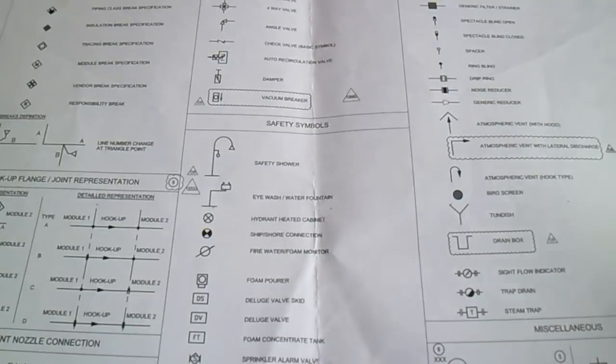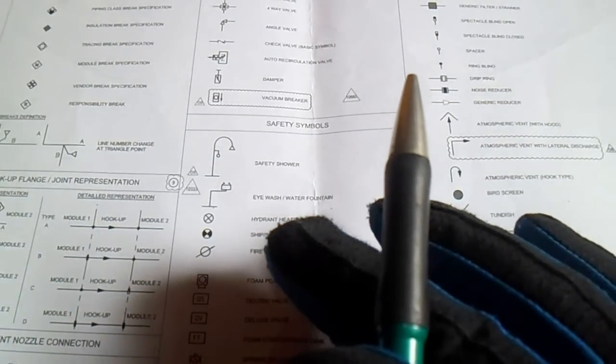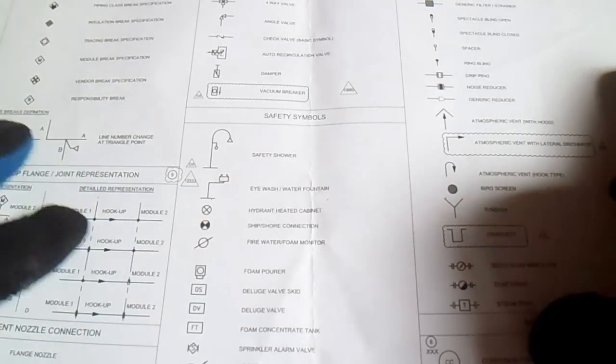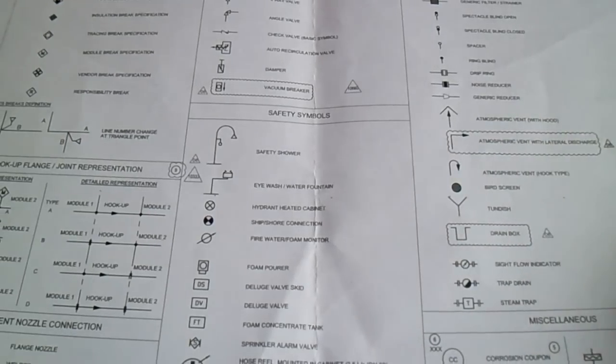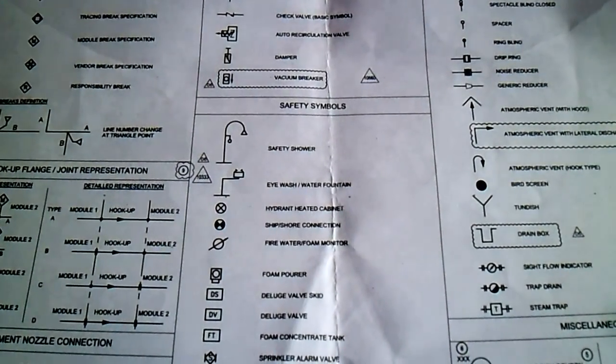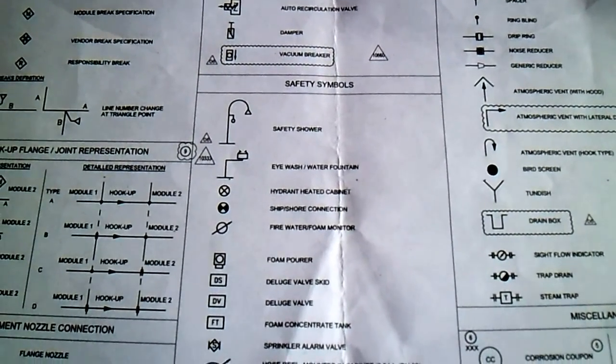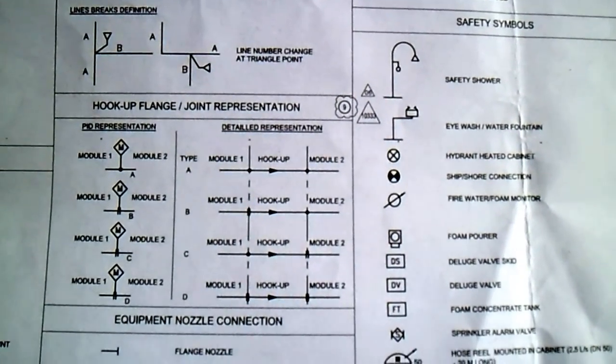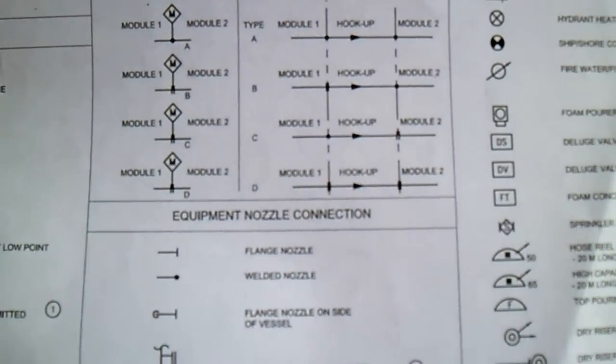So this is a legend sheet, or this is the general symbols. Okay, so this legend sheet or general symbols includes drawing continuation, piping symbols, responsibility, segment breaks, hook up, flange or joints representation, and equipment nozzle connection.